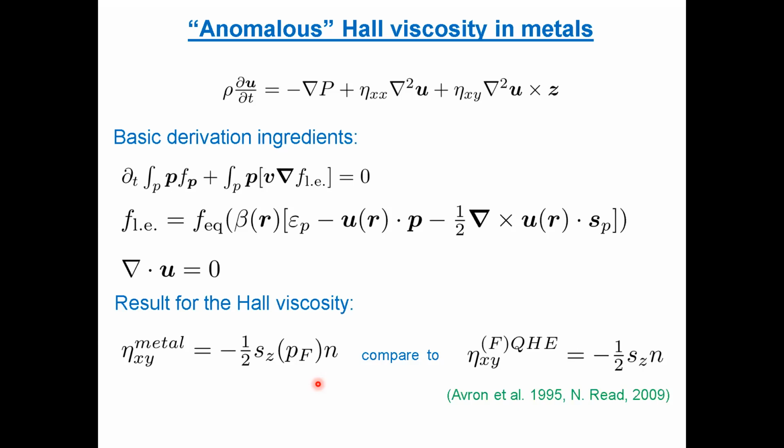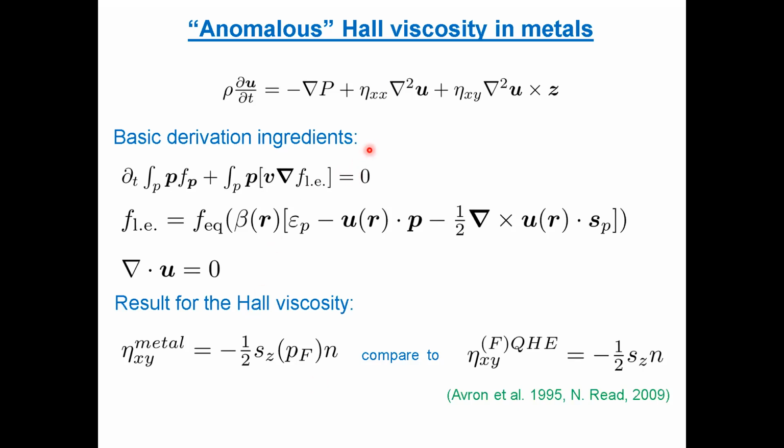But you can do it also for metals. In principle, how to get this Hall viscosity from a magnetic field, from the Lorentz force, is written in textbooks on physical kinetics, in the 10th volume of Landau Lifshitz. But you can also get this Hall viscosity from the collision integral, not from some single particle spectrum as typically done in literature, but from collisions where viscosity is supposed to come from.